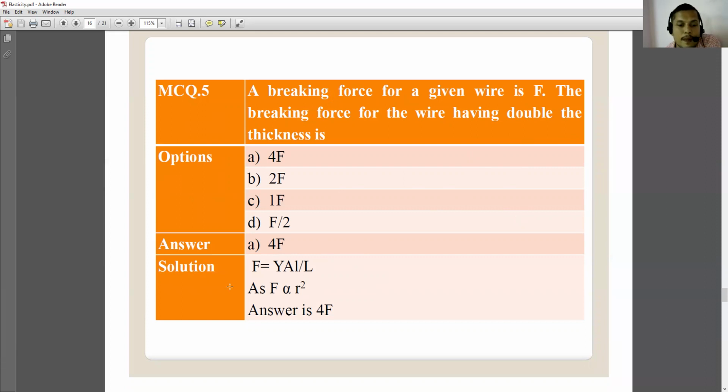Then as F is proportional to R square, this is pi R square area. Answer is 4F, because it is R square when we double it.